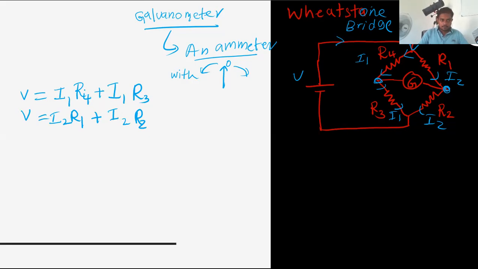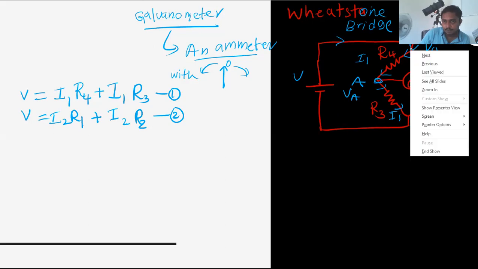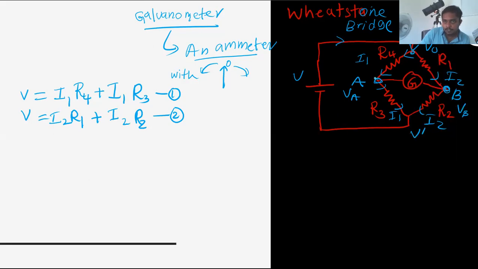Okay, so the same equations. I keep them in this equation, and I label this place as A and this place as B. Potential here I take as V naught, here VA, here VB, here V dash. The potentials at these points. Potential means voltage at this particular point. Potential, not the potential difference.